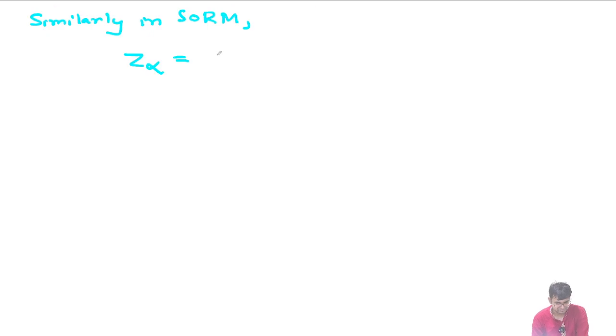So similarly, in SORM, Z alpha being equal to beta minus half summation n equal to 2 to capital K kappa n Tn tilde square.